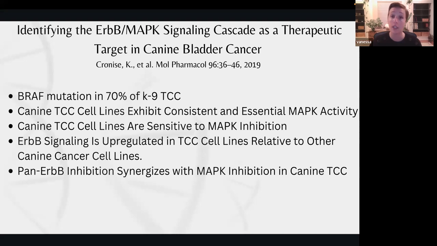Canine TCC cells are sensitive to MAPK inhibition. In addition, the ERBB signaling is upregulated in TCC cell lines, and the ERBB family of proteins contains four receptor tyrosine kinases structurally related to the EGFR. The ERBB signaling is upregulated in TCC cells, so when you block this and MAPK, you can control TCC.